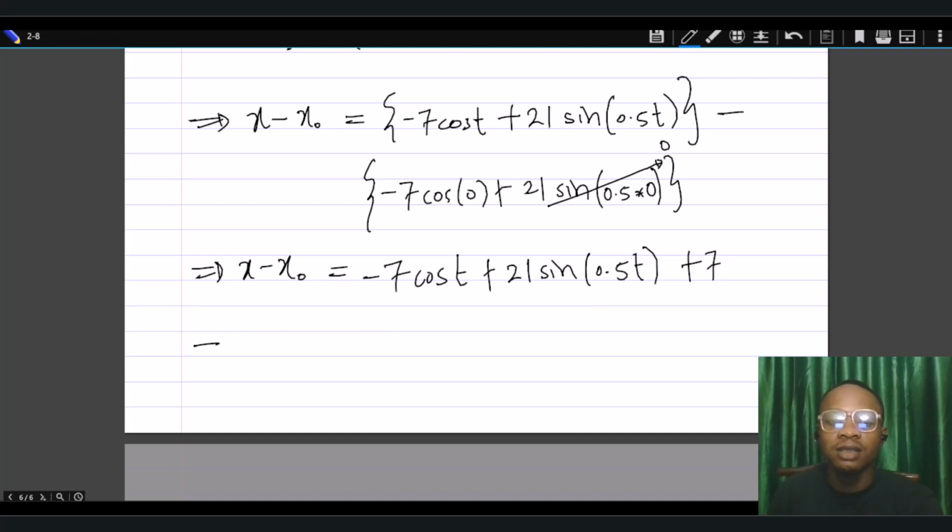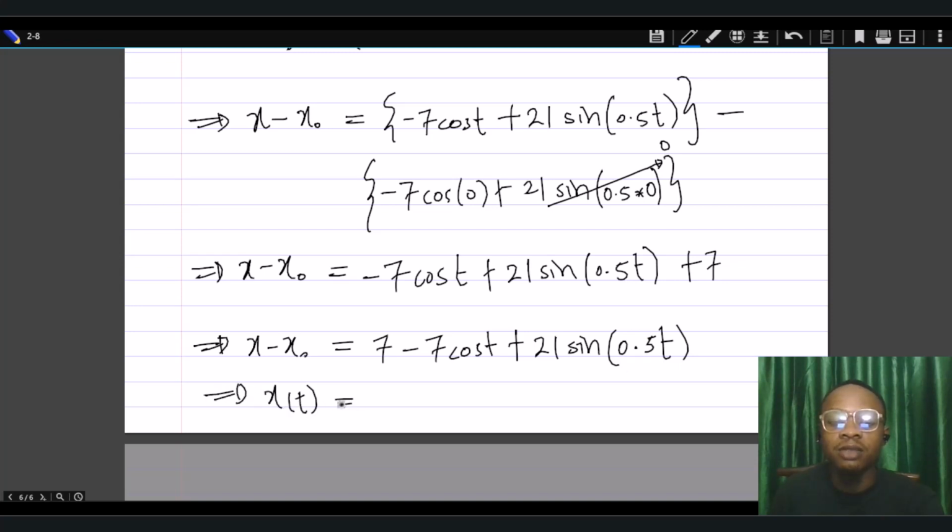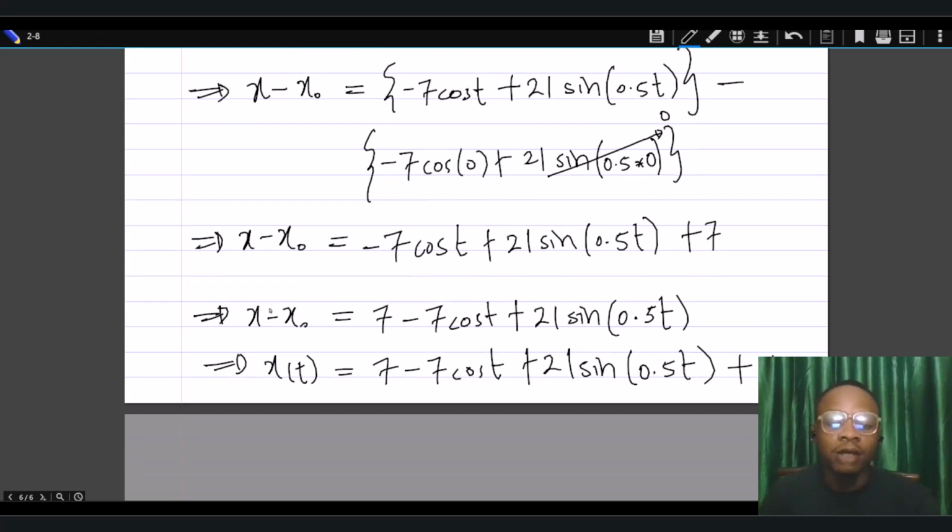Okay, so that essentially tells us that x minus x naught is equal to 7 minus 7 cos t plus 21 sine 0.5 t. And if we bring this to the other side, this means x at any time t will be equal to 7 minus 7 cos t plus 21 sine 0.5 t plus x naught. So that's a lot. We just moved this here.